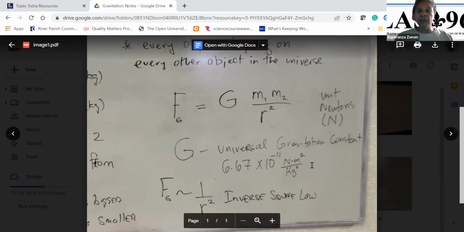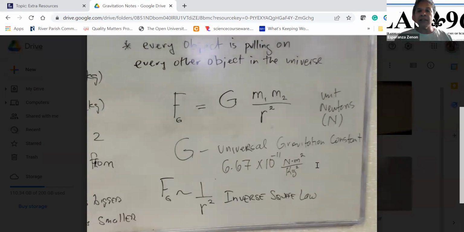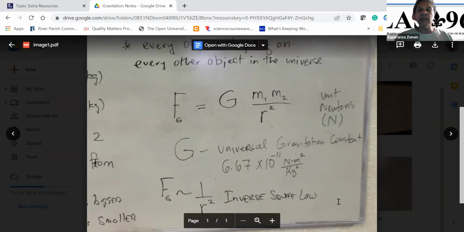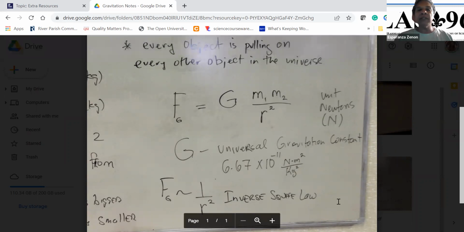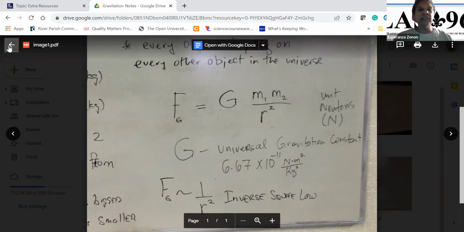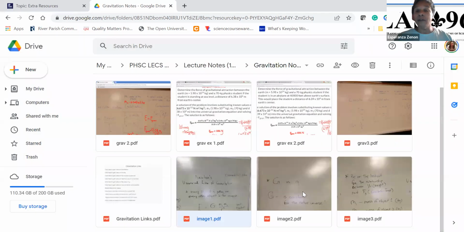I've listed for you the value of the gravitation constant along with its units. And I remind you that I talked about on Tuesday that the gravitational force obeys what we call an inverse square law, because it's proportional to 1 over the distance squared. Okay, so that's just a quick summary of pretty much what we talked about on Tuesday.